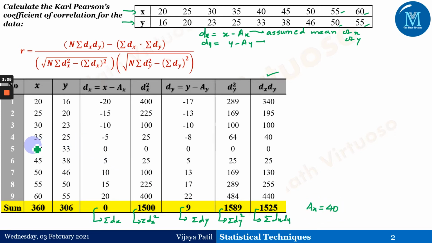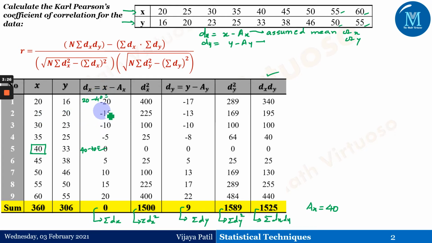So if you observe this 40, we have taken 40 as ax, and that is the reason we have got 0 here, because 40 minus 40 is equal to 0. Similarly, this minus 20 has come because 20 minus 40 is minus 20.